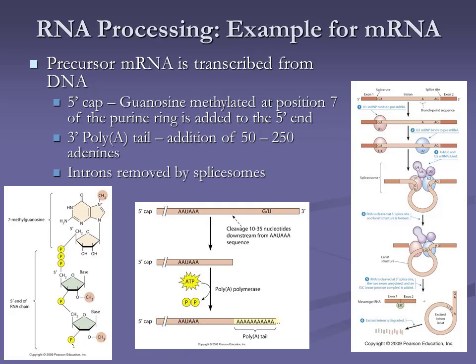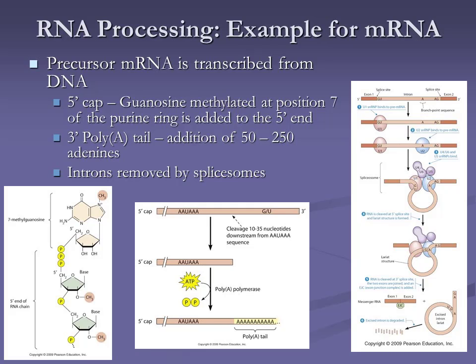But in eukaryotic messenger RNA, not all the nucleotides we produce and assemble into our RNA are important. We have junk pieces that are situated between the important pieces, and those junk pieces are referred to as introns. And so for our introns, we have to undergo something that is called splicing.